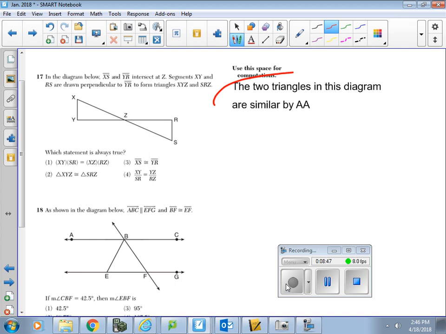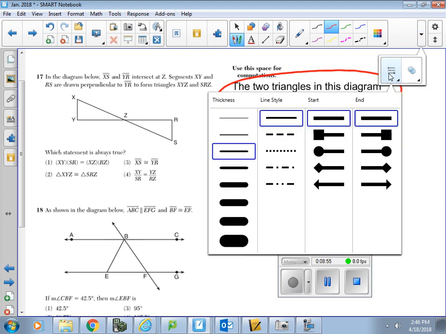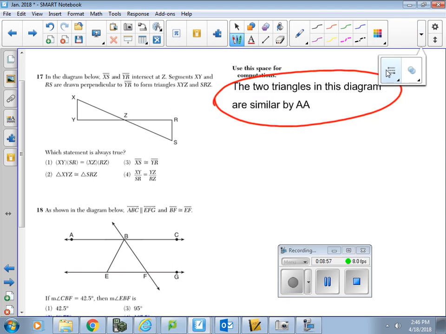So first of all, I want you to write this down, because this is very important. These triangles are similar by angle. All right, the reason why we know they're similar is because they give us this piece of information, the fact that segments XY and RS are drawn perpendicular to YR.